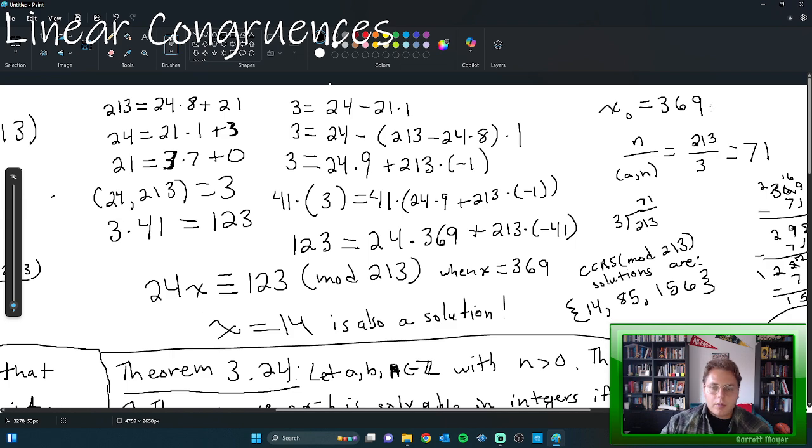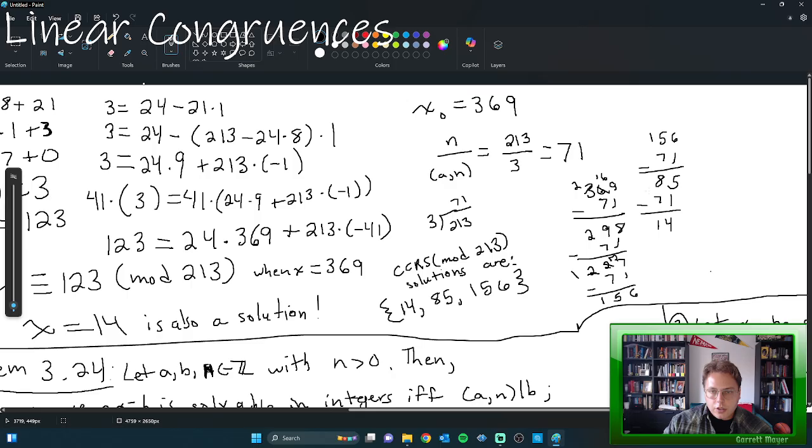That's the more general approach, but here it made more sense just to continually subtract 71, and that ends up getting you to the same solutions anyways.